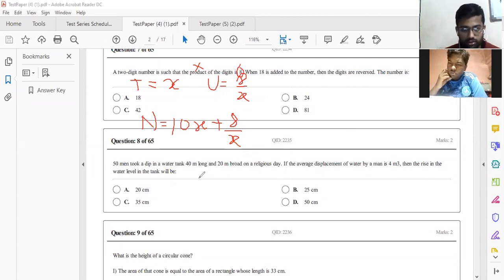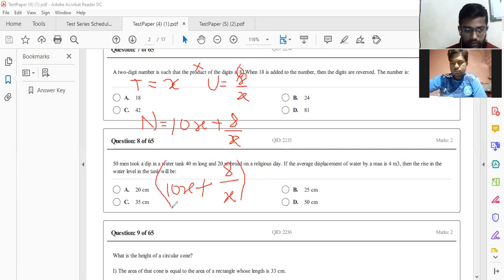This is your number, 10x plus 8 by x. I'm writing as it is, 10x plus 8 by x. Now, when 18 is added to the number, so now digits are reversed.